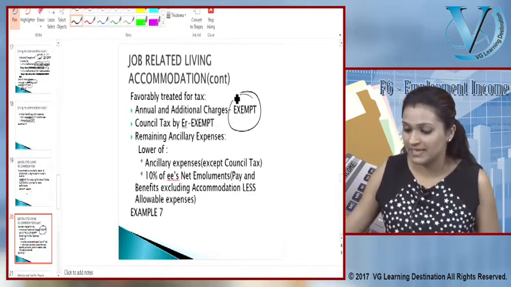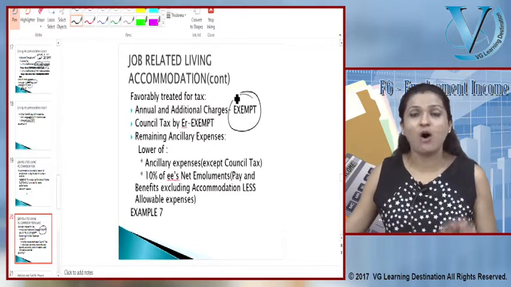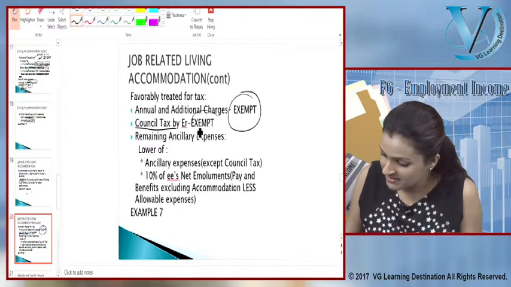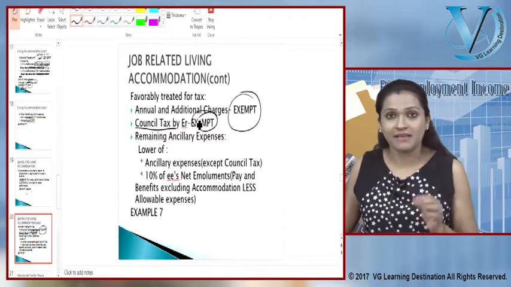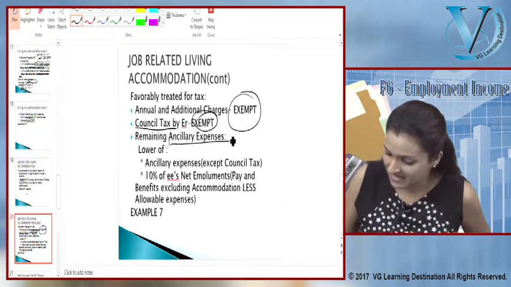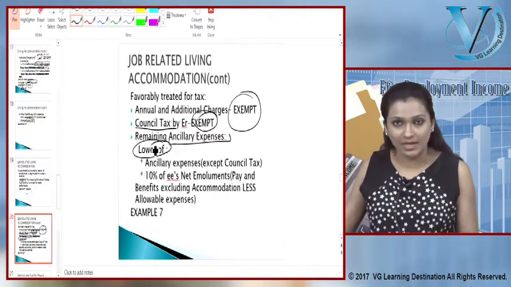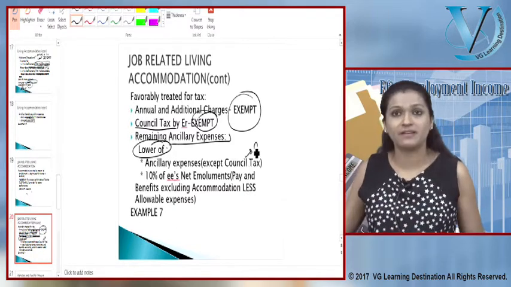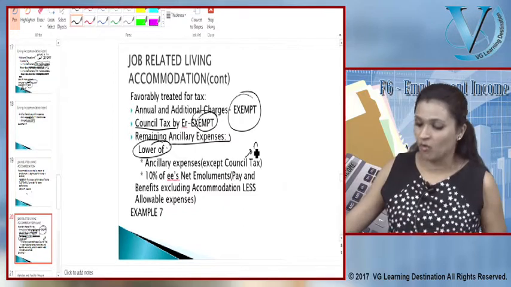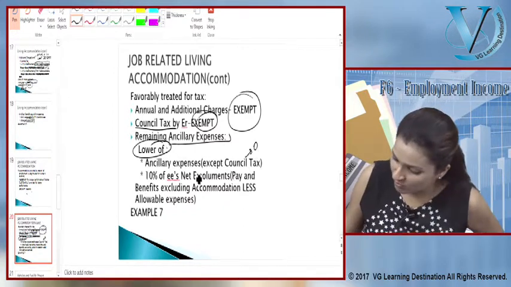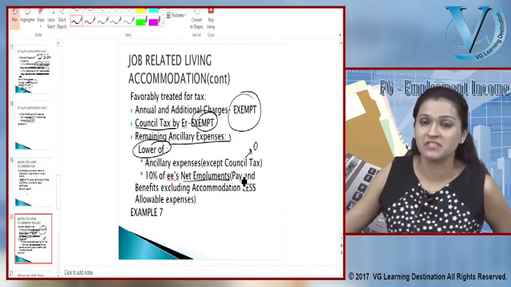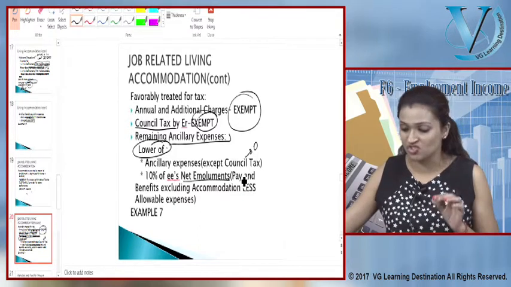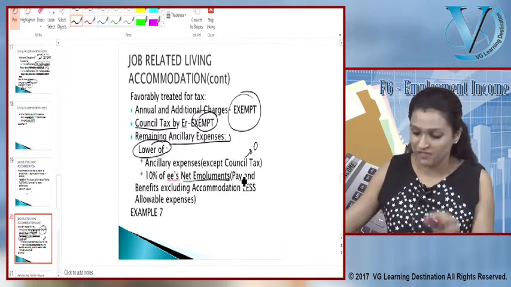What happens to basically the other ancillary benefits? Now a few of the ancillary benefits like council tax becomes exempt if it is paid by the employer. The remaining ancillary expenses gets taxed at the lower of what is the total amount of the ancillary benefits, obviously excluding the council tax, because that is now exempt, or 10% of the employee's net emoluments, which basically means pay and benefits both clubbed together. 10% of it is charged, if it is the lower of the two values, as an ancillary benefit charge.